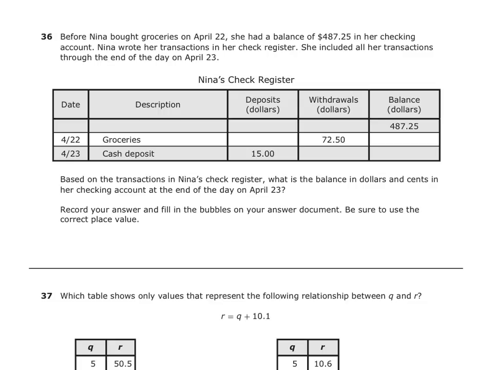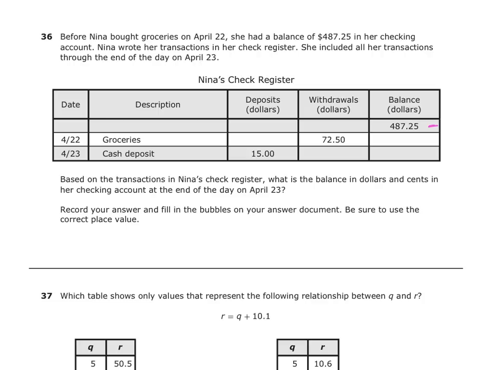All right. Before Nina bought groceries on April 22nd, she had a balance of $487. Here's our balance in her checking account. Nina wrote a check. When you are writing a check, you are spending money, okay? Then it says she included all of her transactions through the end of the day on April 23rd.